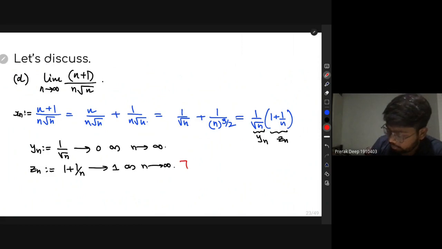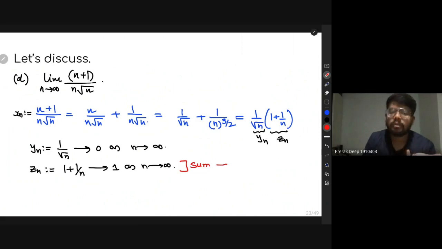So here, in order to prove that this converges to one, I am using that the sum of convergent sequences is a convergent sequence, and the limit is nothing but the limit of the first sequence plus the limit of the second sequence.